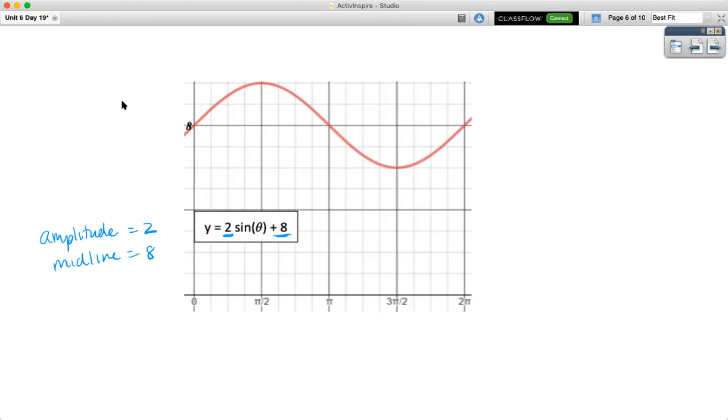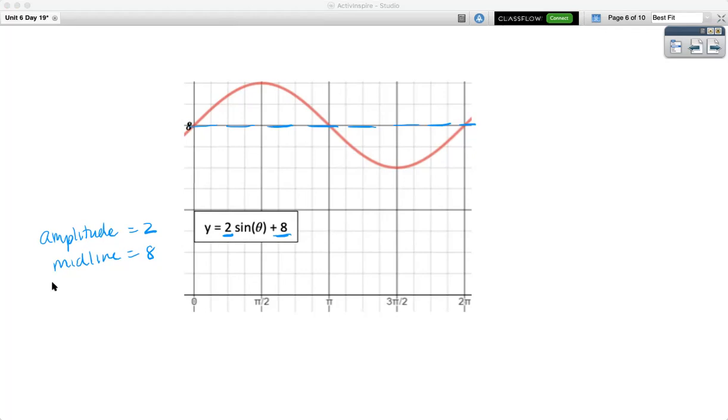And so what you'll notice is that the midline, again, is like our visual center, it's the middle. If you look at this function, you can really tell that the midline is in fact at 8. It's directly in the middle. Now, again, what is our amplitude? Our amplitude is really the height of our function. Once you know what the midline is, you're able to determine your amplitude, because the amplitude is really like the maximum and the minimum values above and below the midline.